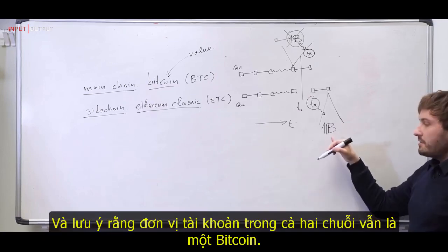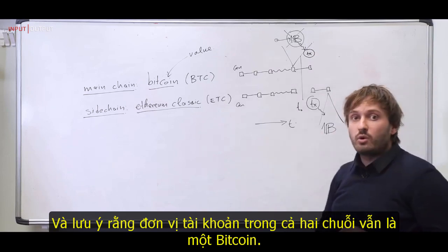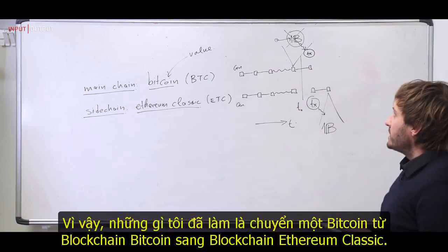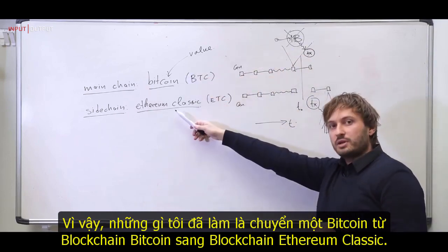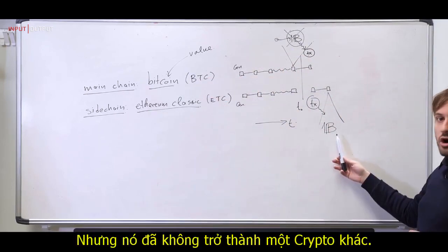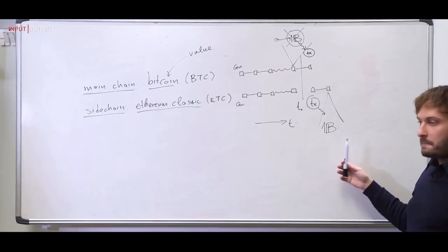And note that the unit of account in both cases remains 1 Bitcoin. So what I've done is I've moved a Bitcoin from the Bitcoin blockchain into the Ethereum Classic blockchain, but it has not become an Ether. It's not a different coin.